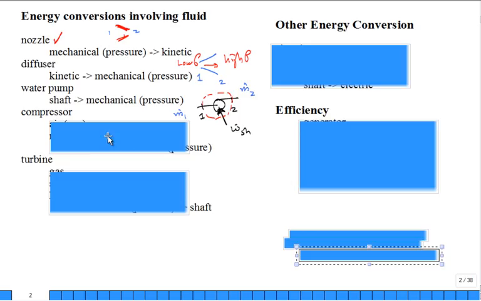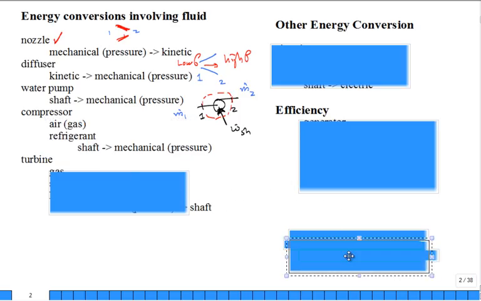For a compressor, we have either an ideal gas, like air, or we have some refrigerant that's just saturated vapor or slightly superheated vapor, but it's close to the dome, and we can't treat it as an ideal gas. So sometimes we treat the fluid as an ideal gas in the analysis of a compressor, but sometimes we can't.